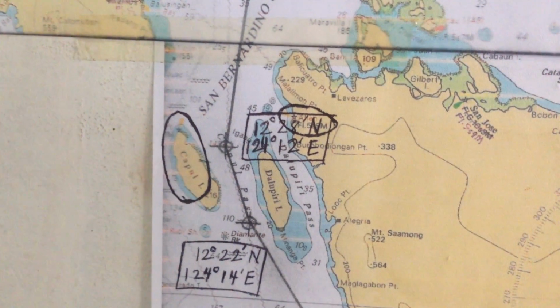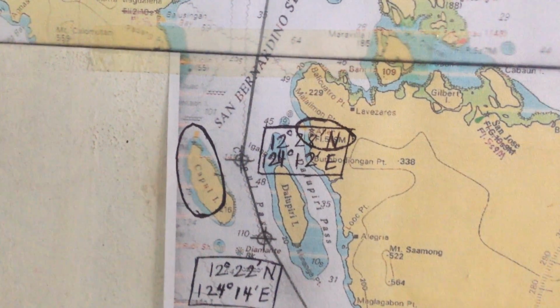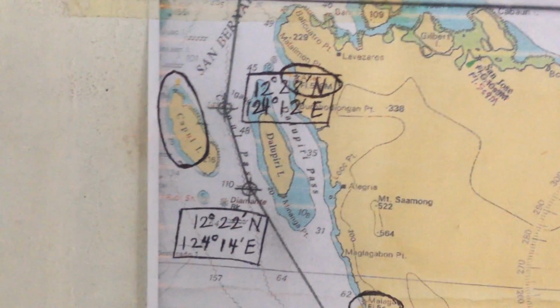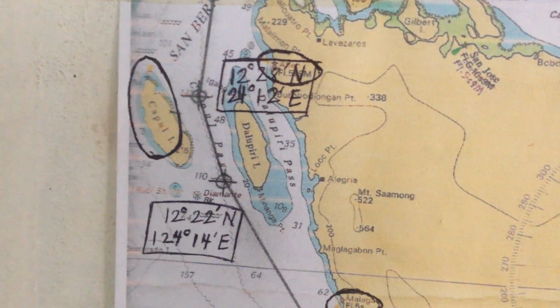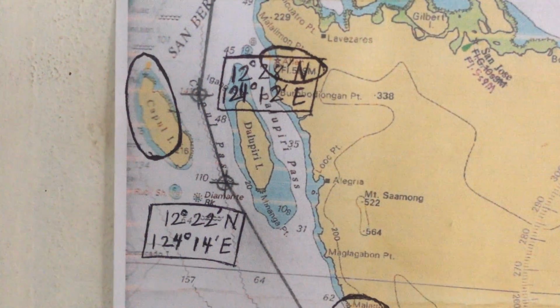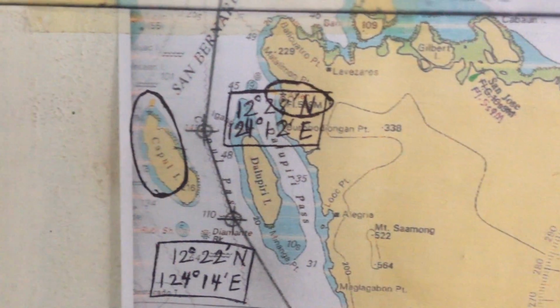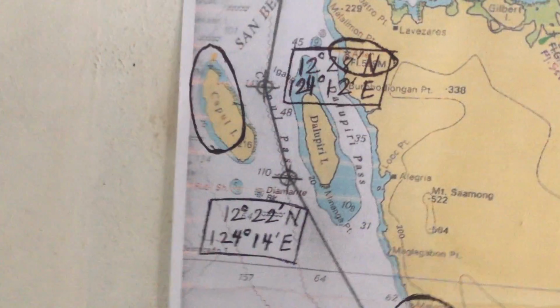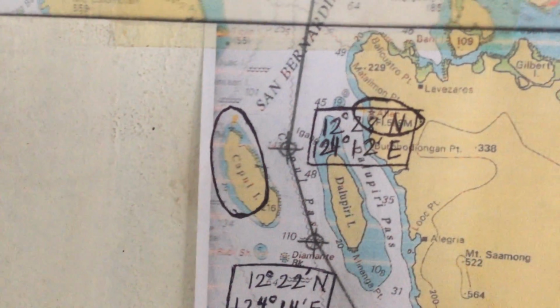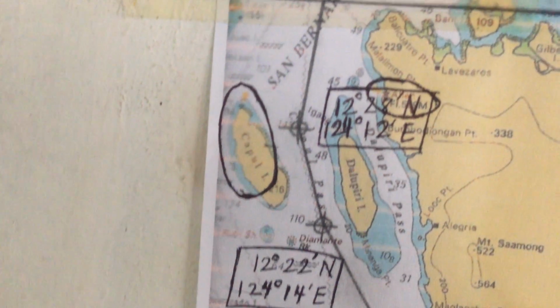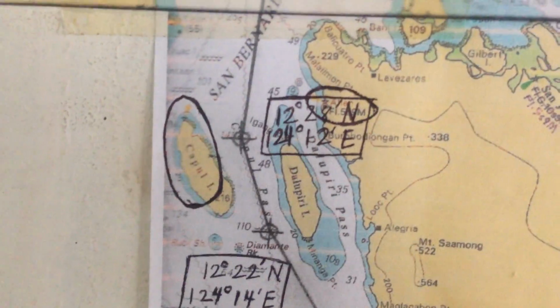I looked at the tides table, and it is increasing by 0.1. So the height of the tide in Diamante is 48.1.